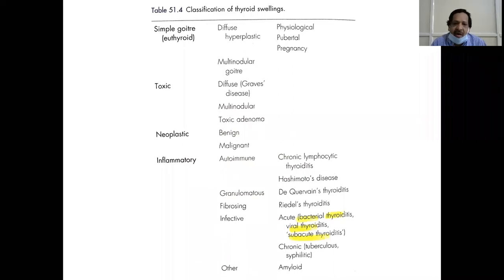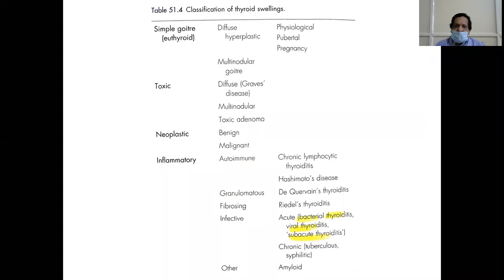That is called toxic multinodular goiter. And sometimes there is a toxic adenoma, one single nodule taking a toxic turn. It is not TSH dependent, whereas diffuse Graves' disease is caused by thyroid autoantibodies.